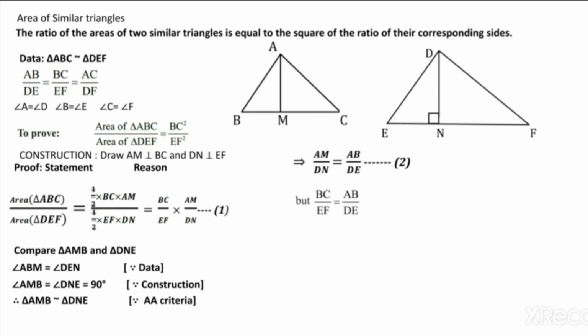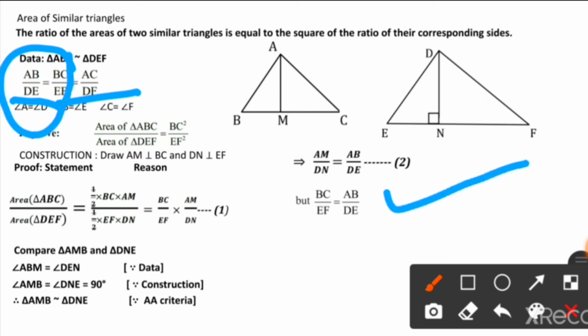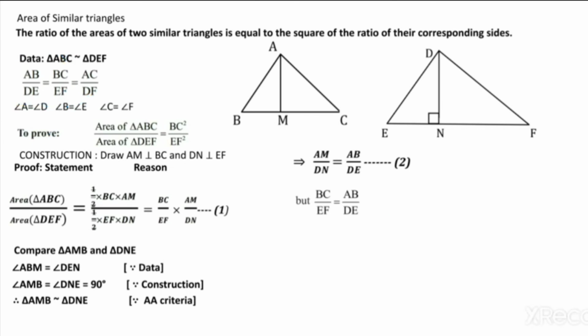But according to the given data, we know that BC by EF is equal to AB by DE. By the given data, I have written that BC by EF is equal to AB by DE. Now I am going to call this equation number 3.